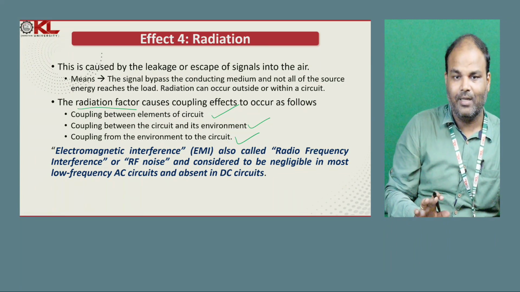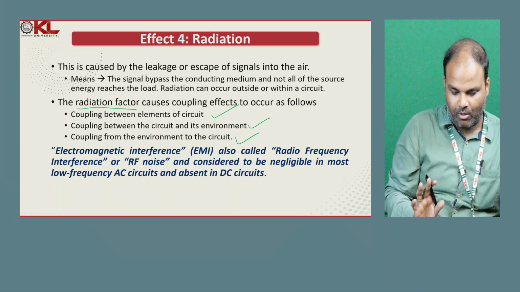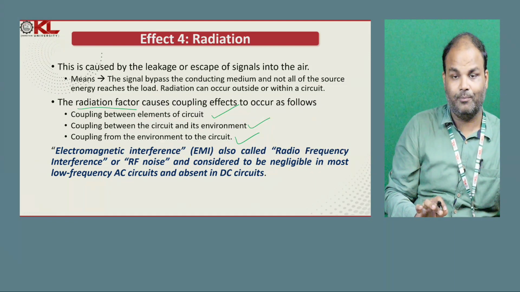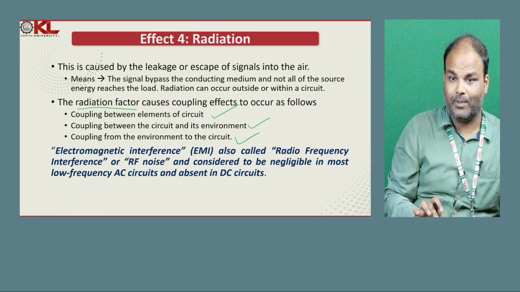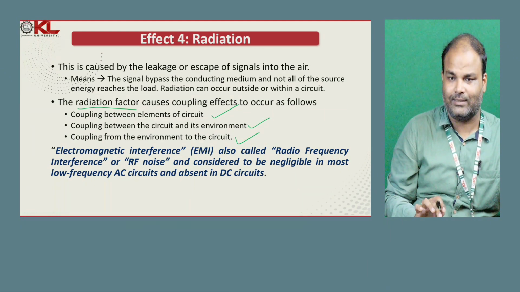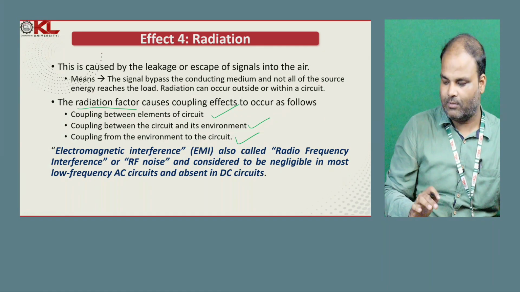So we can say that electromagnetic interference, also called radio frequency interference or RF noise, is considered to be negligible in most low frequency AC circuits and absent in DC circuits.